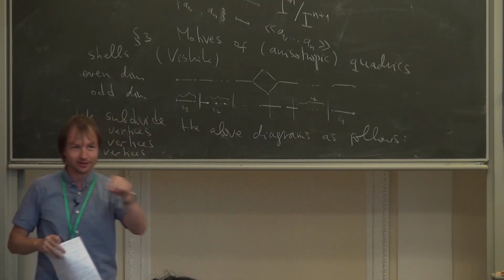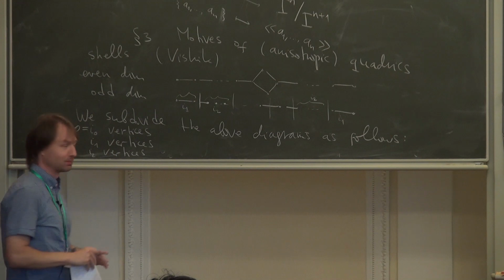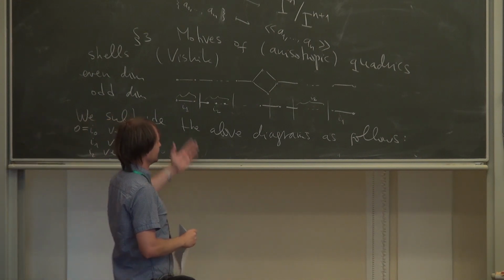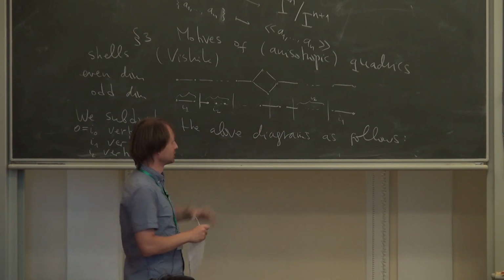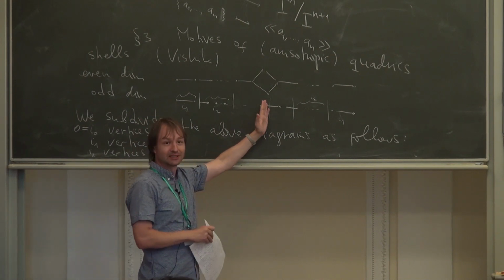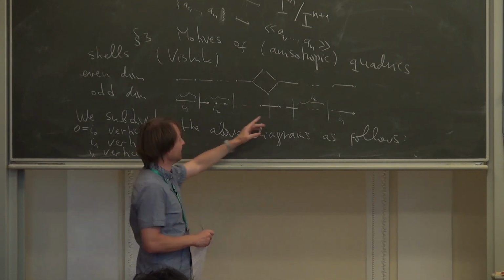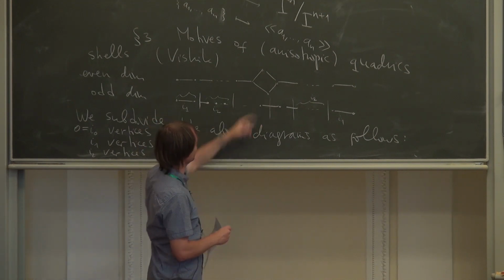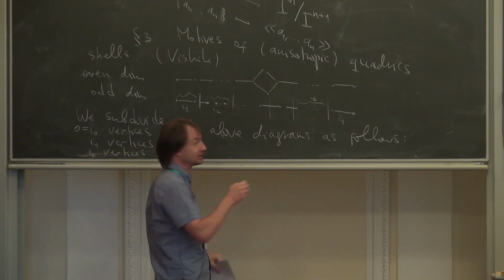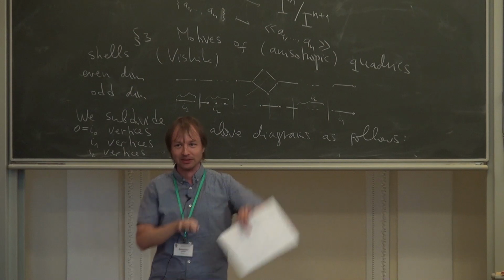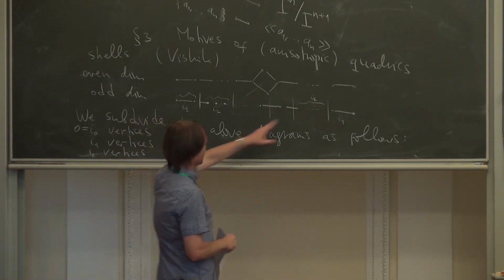If it's 3, then it's 3. I will give more concrete examples later. And so on. At the very end, by trivial dimensional reasons, we will subdivide everything. One should be a little bit careful here, because in the middle there are 2 vertices. Let's draw a line like this, just to split them, because of this symmetry.